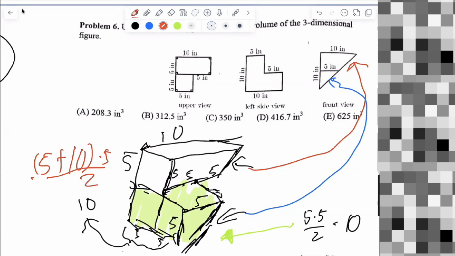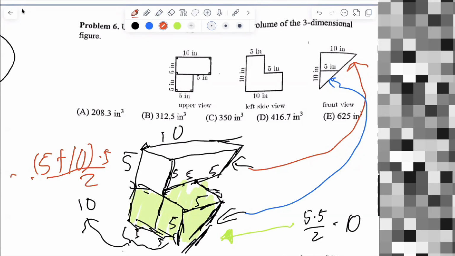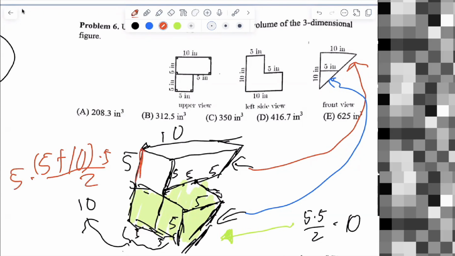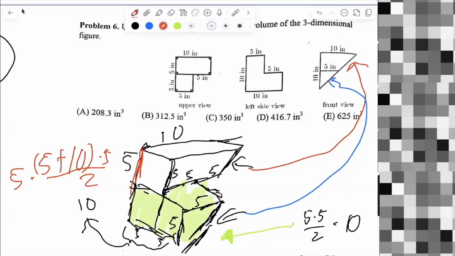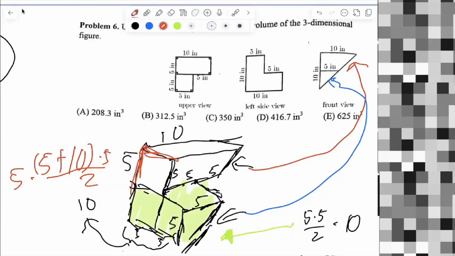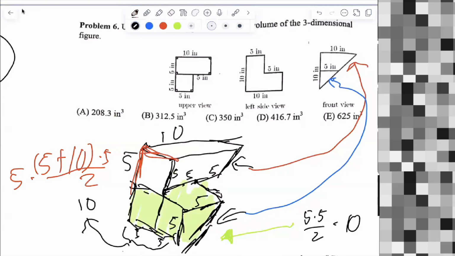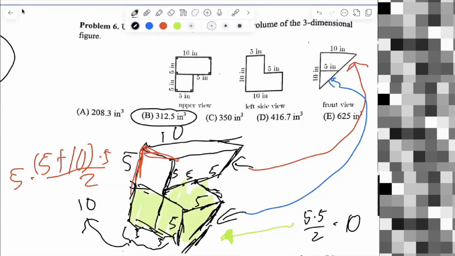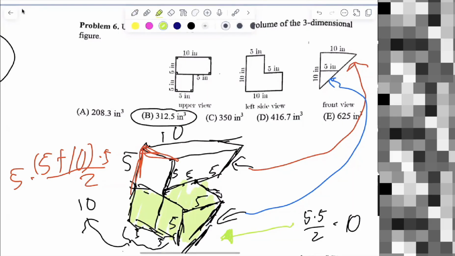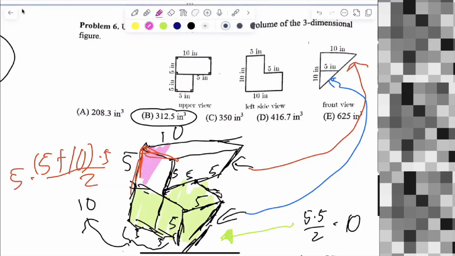And don't forget to multiply by 5, or the height, right over here. Also over here, by the way. From here, all you have to do is just add them all up, and you should get B as your answer. Alright, and for the red one, let's do it in pink. This is the red one.